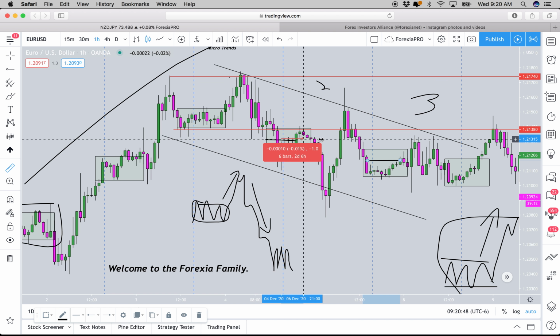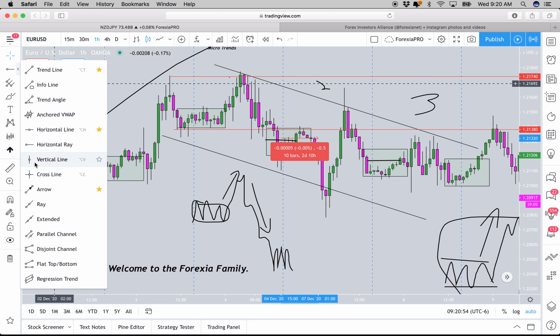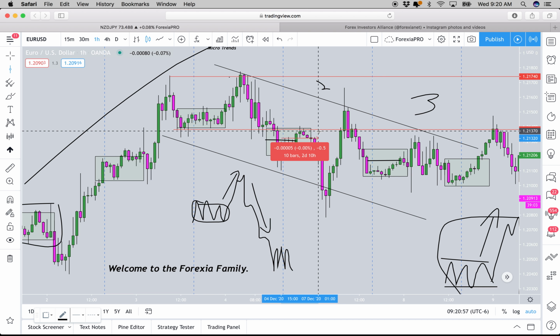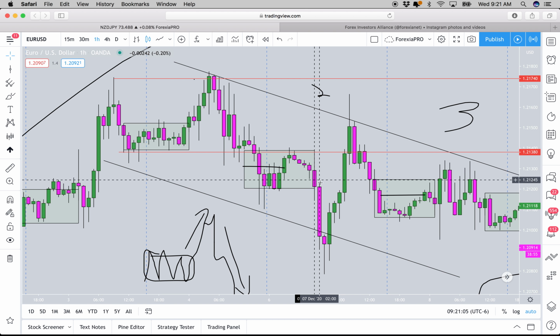We have 10 hours right here. Let's mark it out exactly right here. Look at that. At this exact candle. This next candle is that breakout. What do you know? Right exactly when London session starts, that breakout occurs.